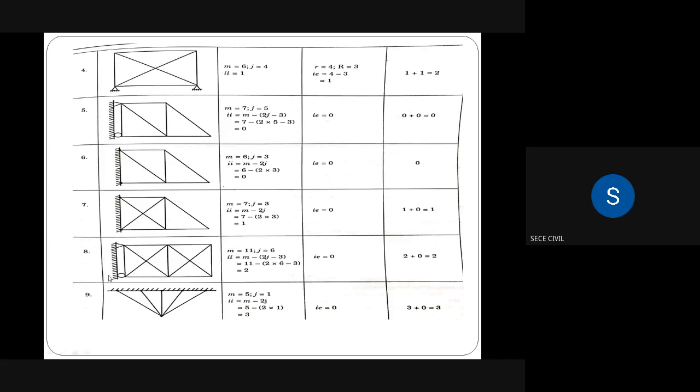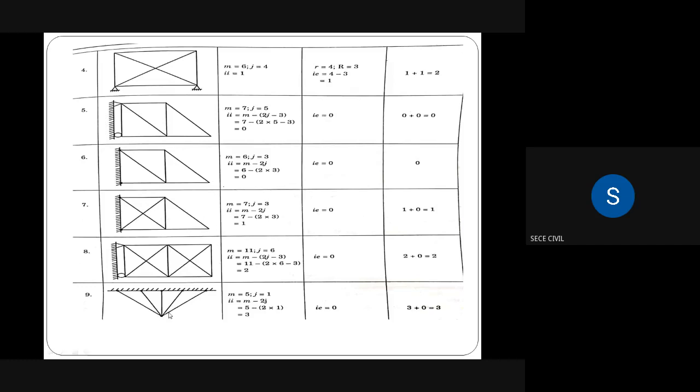So the total number of reactions is 3. So 3 minus 3 is 0. So the external redundancy is 0 degree. So 2 plus 0 is equal to 2. Finally, the total degree of static indeterminacy of the given problem is 2 degrees.